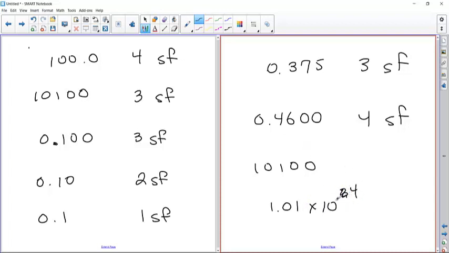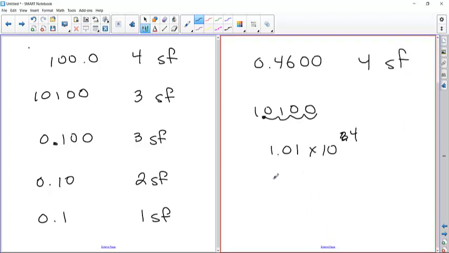Okay, so that's scientific notation because you have 1, 2, 3, 4. So if you move the decimal point 4 places, then you can make that the exponent. So I could show this as 1.010 times 10 to the fourth.